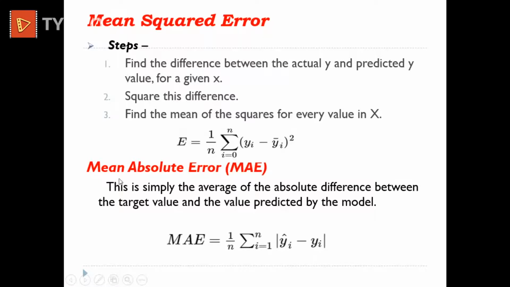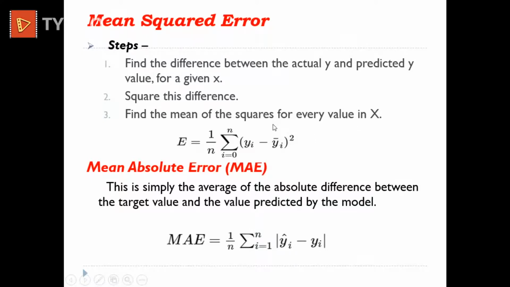The next metric is the mean absolute error. This is simply the average of the absolute difference between the target value and the value predicted by the model. Both of these are not preferred in cases where outliers are prominent in your data set. Outliers are the values which are out of your regression trend that your model follows.